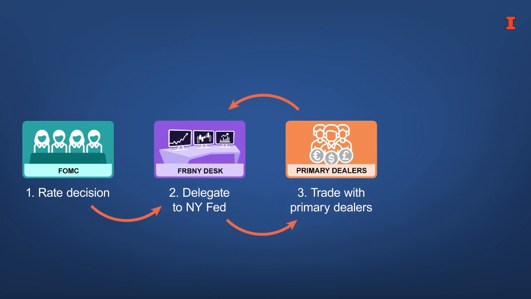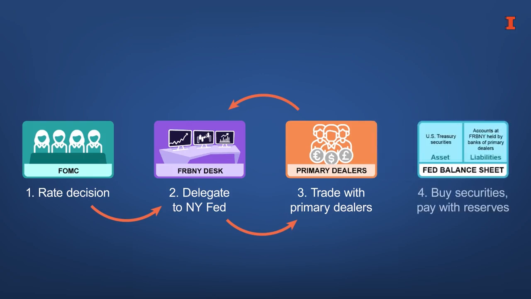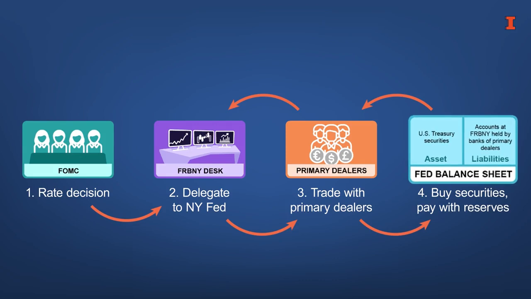These dealers have reserve accounts at the Federal Reserve. These dealers include the largest banks. What types of securities are usually purchased? Mostly US Treasuries. Step 4. When the trading desk completes a purchase, the Federal Reserve's balance sheet expands.